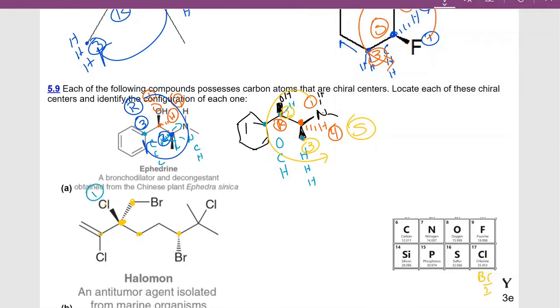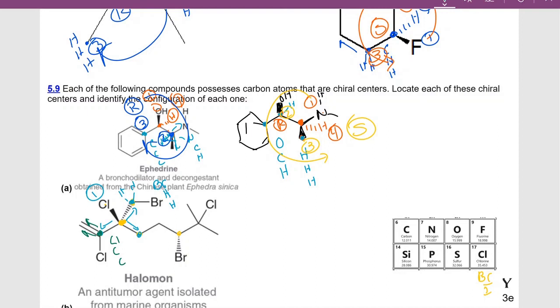Okay? Now, as we move away, we're moving away in layers to find the first point of difference. The next carbons, we've got carbon, carbon, carbon, we've got to find out what they have attached to them. So this carbon up here has bromine, hydrogen, hydrogen. Okay? Bromine, hydrogen, hydrogen. This carbon over here has chlorine, carbon, carbon, because carbon going that way, carbon going that way, that carbon counts twice, right?